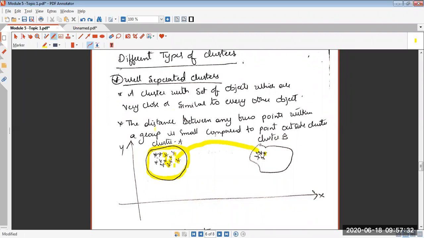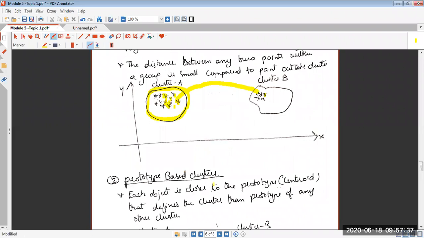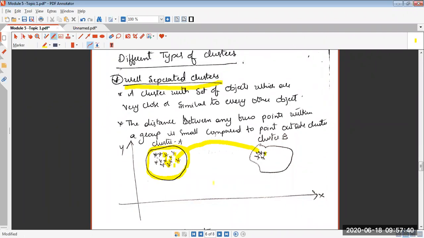So it is called a well separated cluster. Hope you understood this.